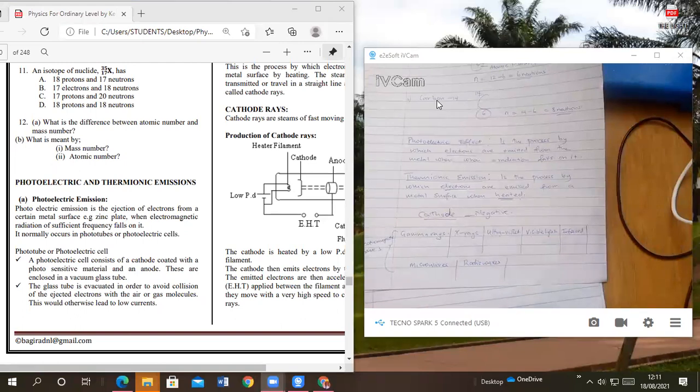When these radiations are incident on the metal surface, it emits electrons. Now, what you should know is that not all these radiations will liberate electrons. The reason is that the liberation of electrons depends on the energy, depends on the frequency of that radiation.